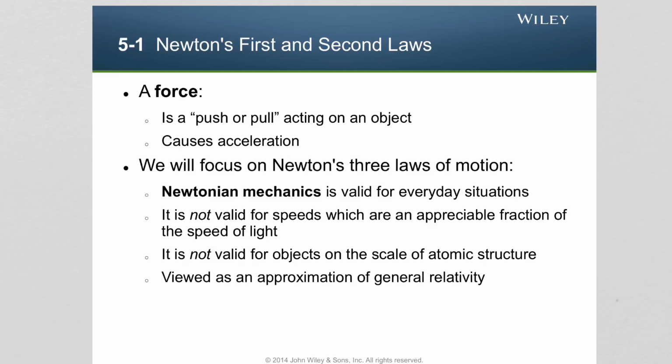However, for the purpose of illustration of certain concepts, we may look at the motion of some elementary particles in the context of how force simply affects their motion. And Newtonian mechanics is also viewed as an approximation of general relativity.